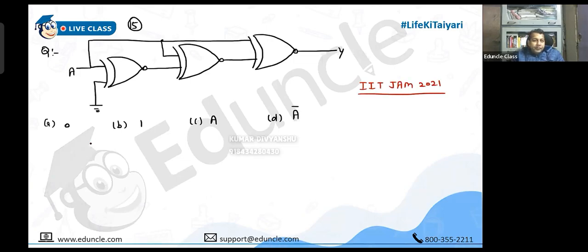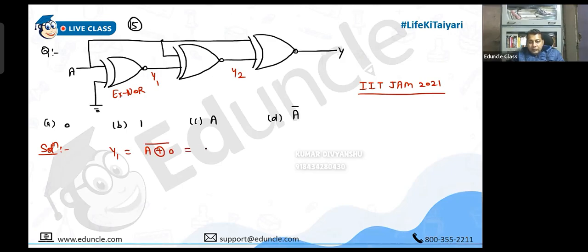Hurry up. Very good, Rita. See, it is an exclusive NOR gate. All of the gates are exclusive NOR. Let's call this output Y1. This is Y2. So Y1 will be A exclusive NOR 0. So it will be A bar.